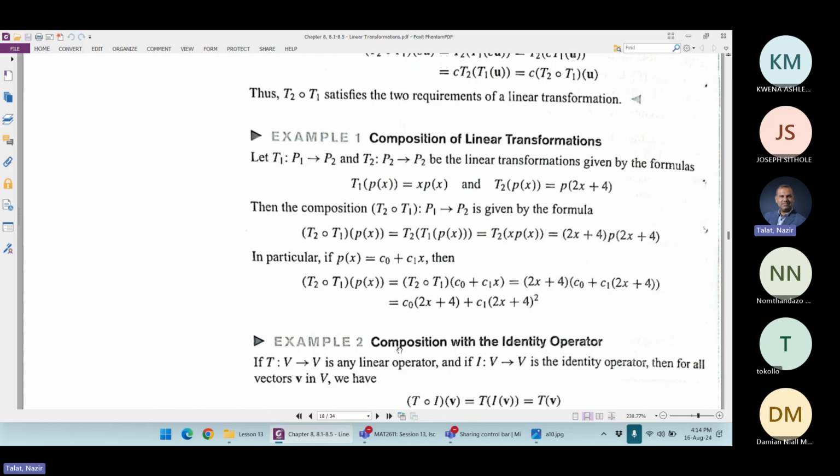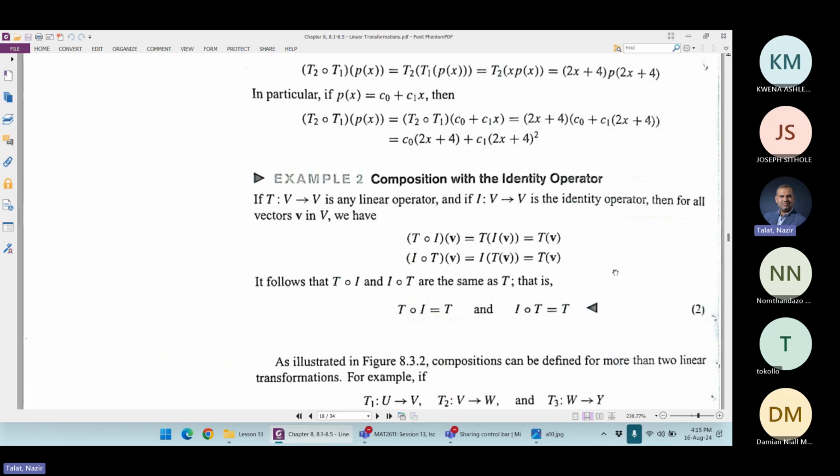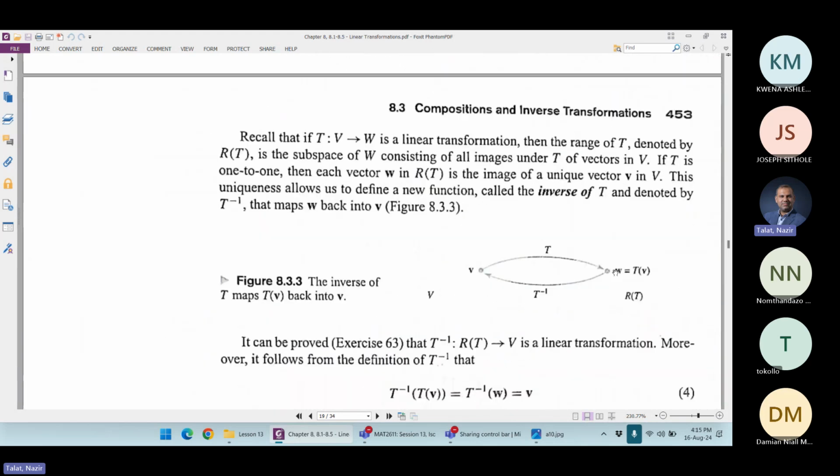The important thing is that the identity operator is always commutative, and one can see that T ∘ I is the same as T and I ∘ T is the same as T, because the identity operator just leaves the element the same. And this is a further composition.